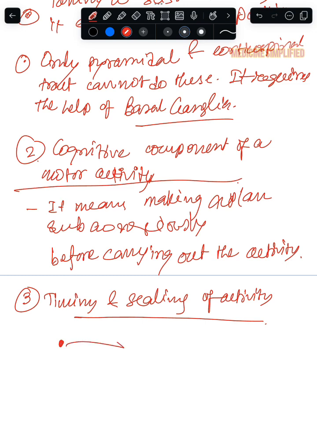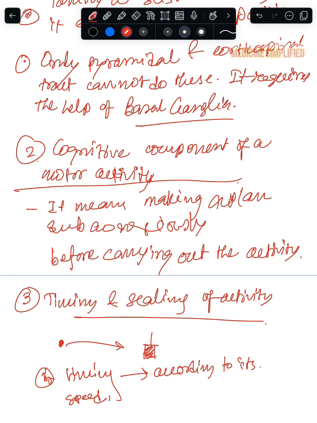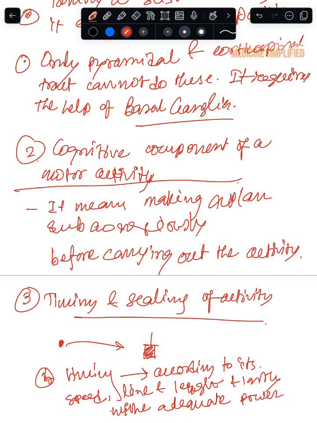A ball comes to a bat: first timing, then according to its speed, line and length, and lastly with adequate power.